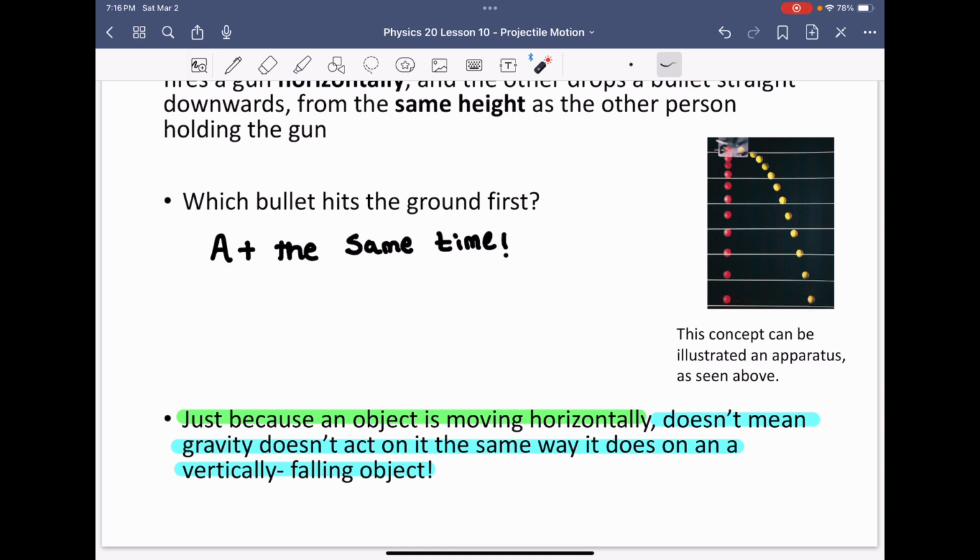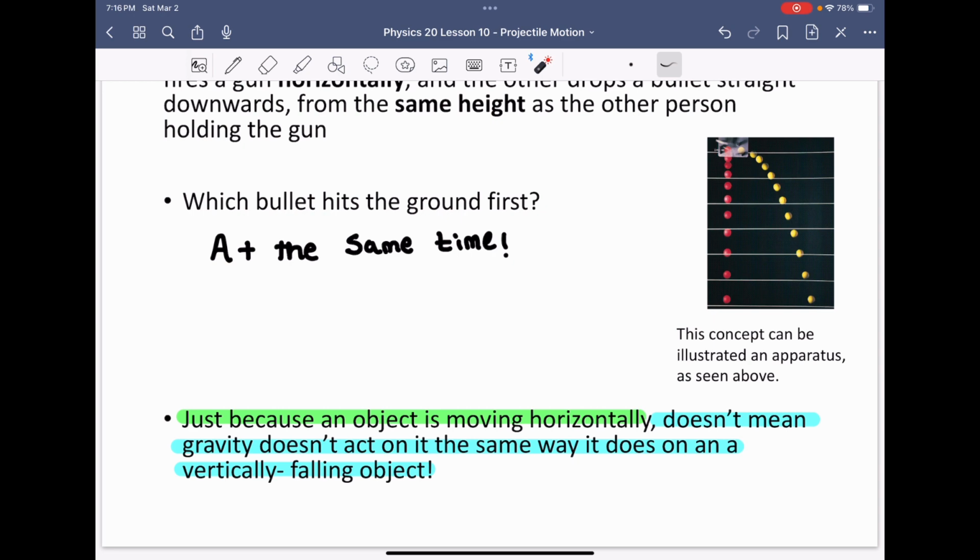But overall, at the Physics 20 level, the only thing that affects both of these objects once they're released is gravity. And if gravity is the only thing that affects both objects once they are out of the hand of the person or out of the gun, they'll fall at the exact same rate, regardless of the mass of the two objects or regardless of the situation.